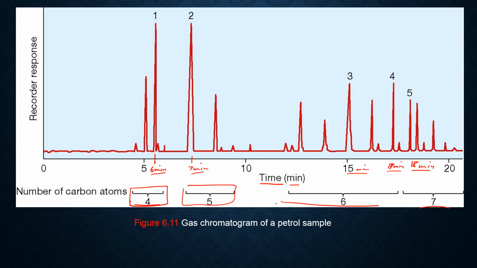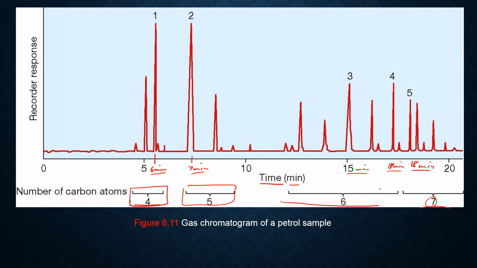So as we're taking longer and longer for the components to get through the actual column and be detected, the backbones are becoming larger and larger, so the molecules are becoming bigger and bigger.